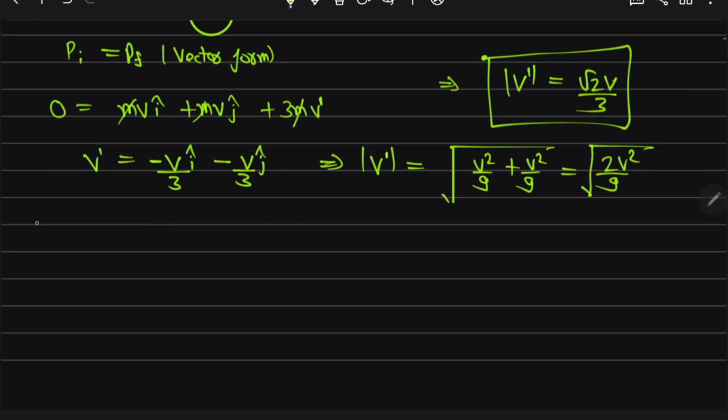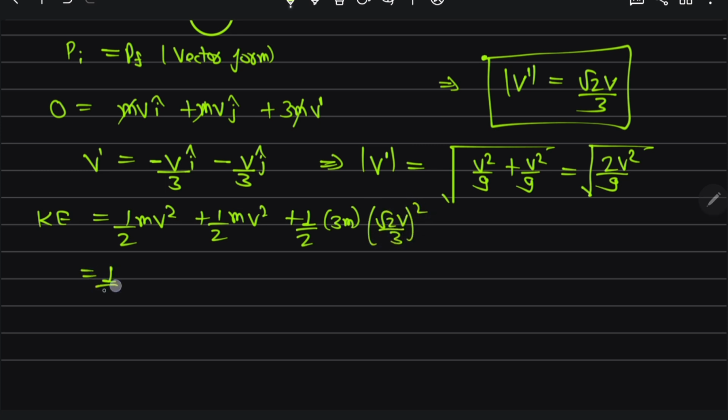So here, the total kinetic energy: kinetic energy of the first particle is half m v square, kinetic energy of the second particle is half m v square, and kinetic energy of the third particle, whose mass is 3m and velocity is root 2 v by 3 whole square, is half times 3m times 2v square by 9.